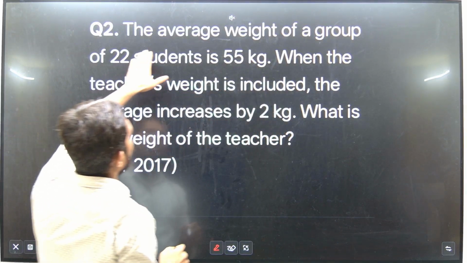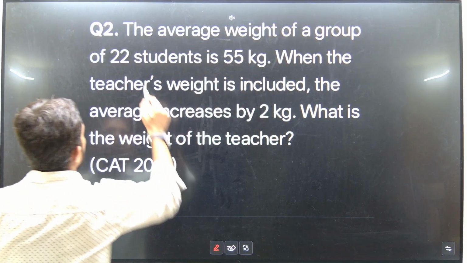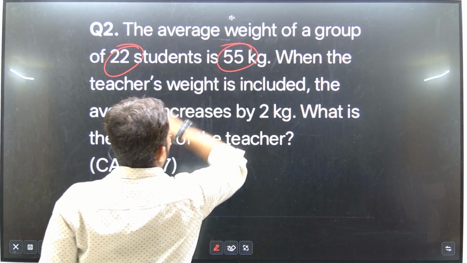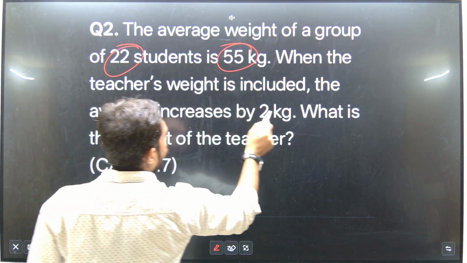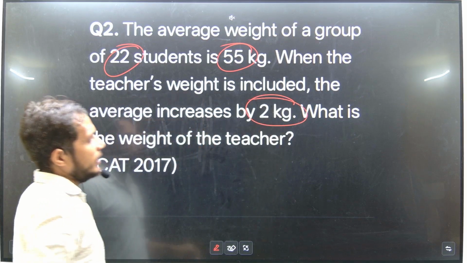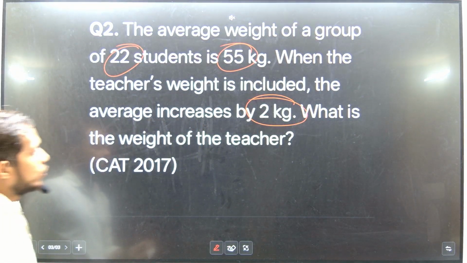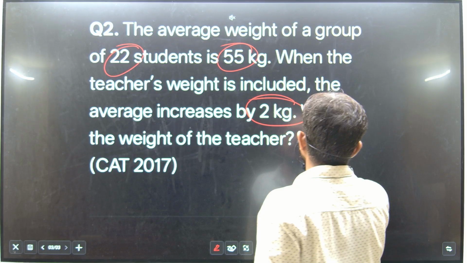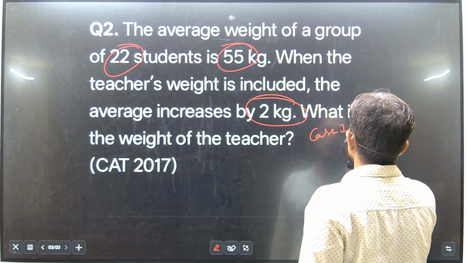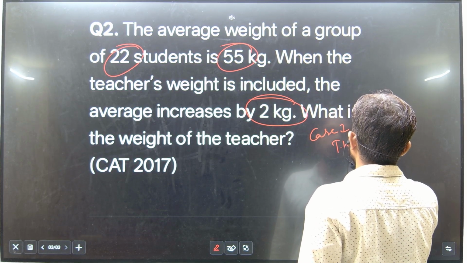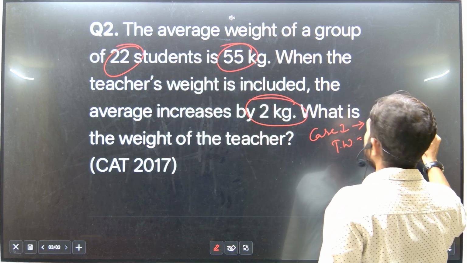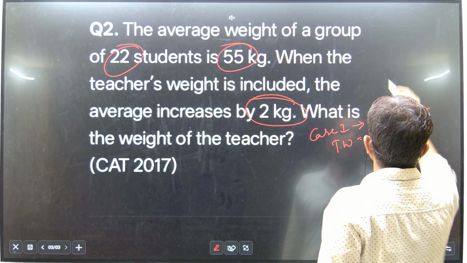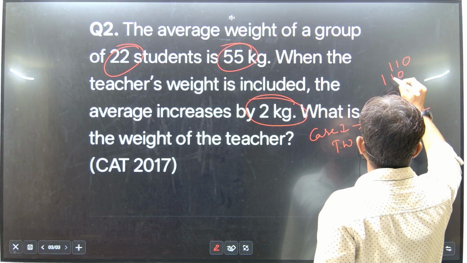The average weight of a group of 22 students is 55 kg. Now when a teacher is included, the average weight increases by 2 kg. So in the first case, total weight is equal to number of students into average. So 22 into 55, that becomes 1210.